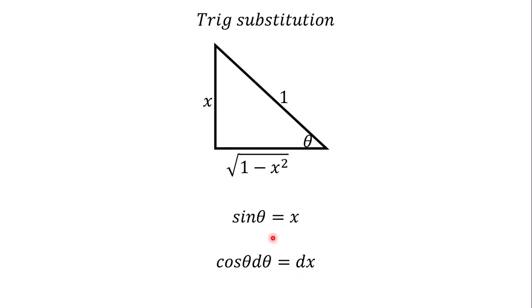Now mind you, remember in my previous video I said that you can also generate other ratios from the Pythagoras theorem principle, or from the right angle triangle as illustrated here, to replace maybe a whole part of the question that you are integrating.